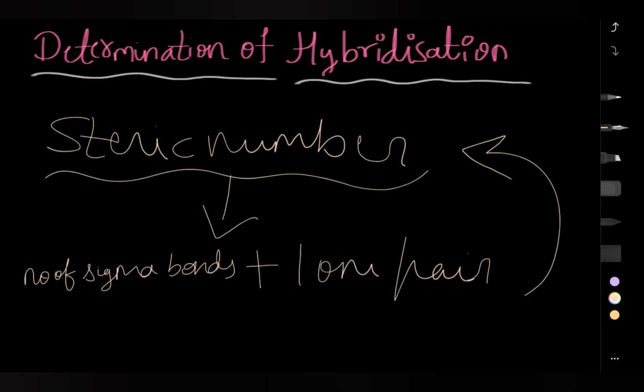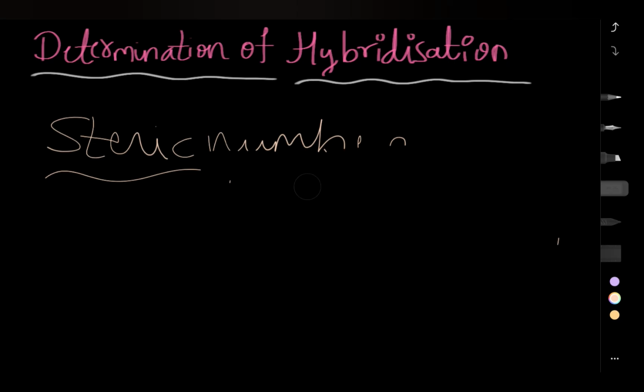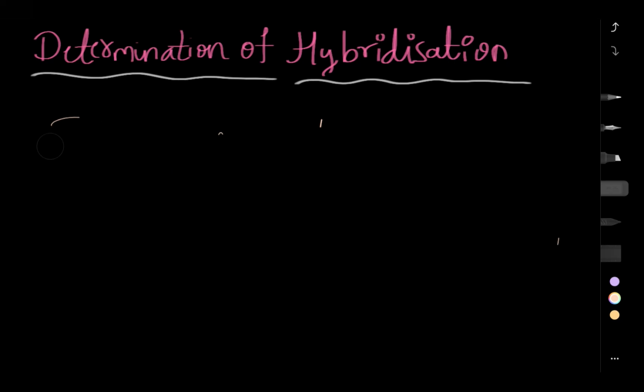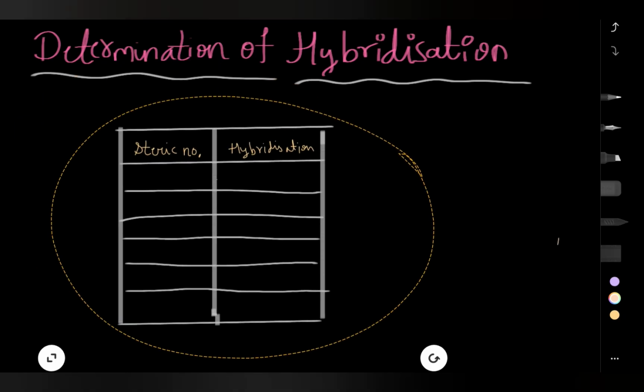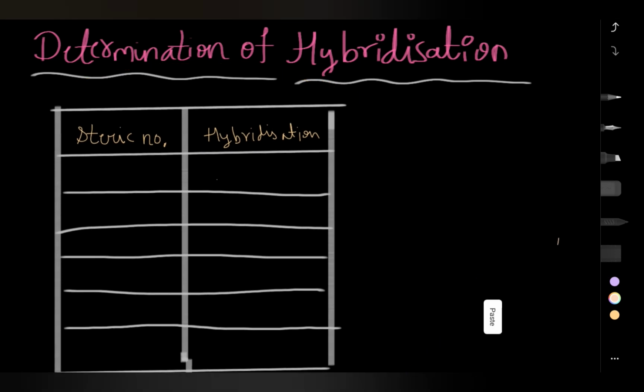What if the steric number is 2, 7, or 6? Let us see what the hybridization of an atom will be for 2, 3, 4, 5, 6, 7. We just have to remember this table, then our work of determining the hybridization will be done.